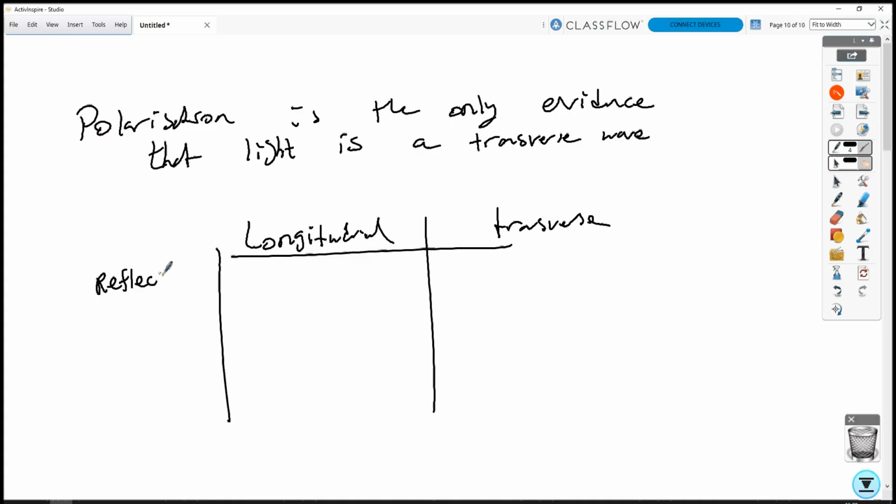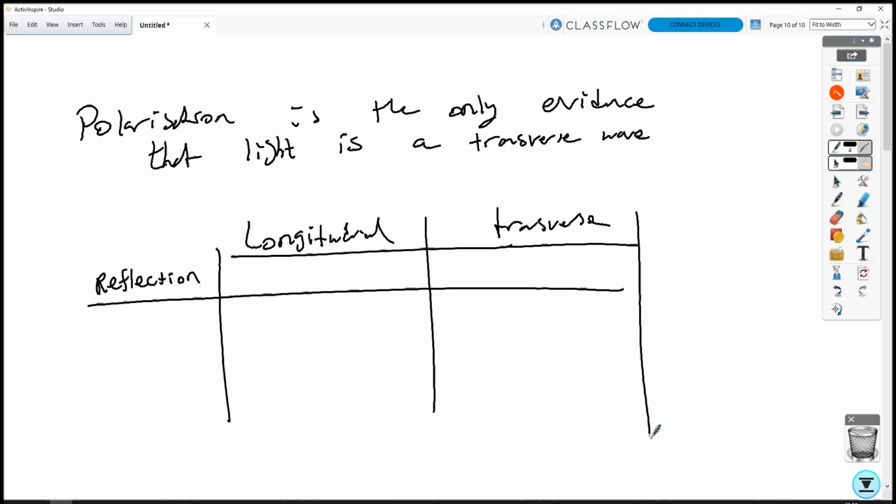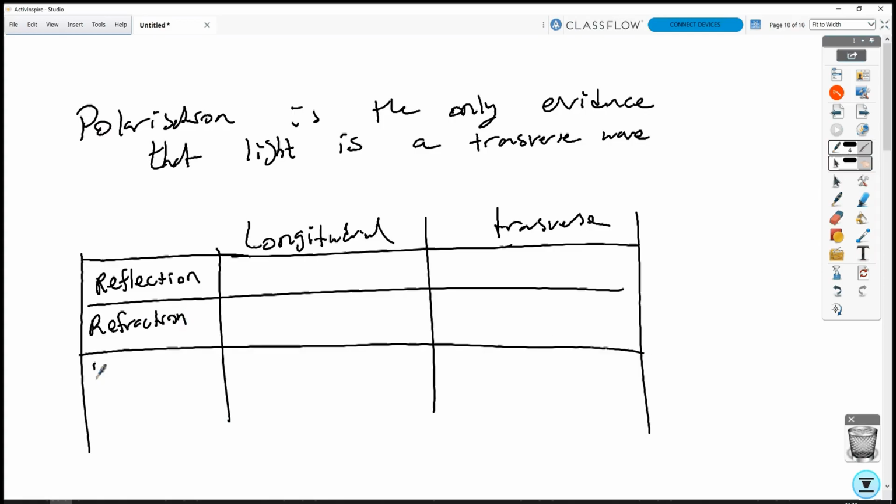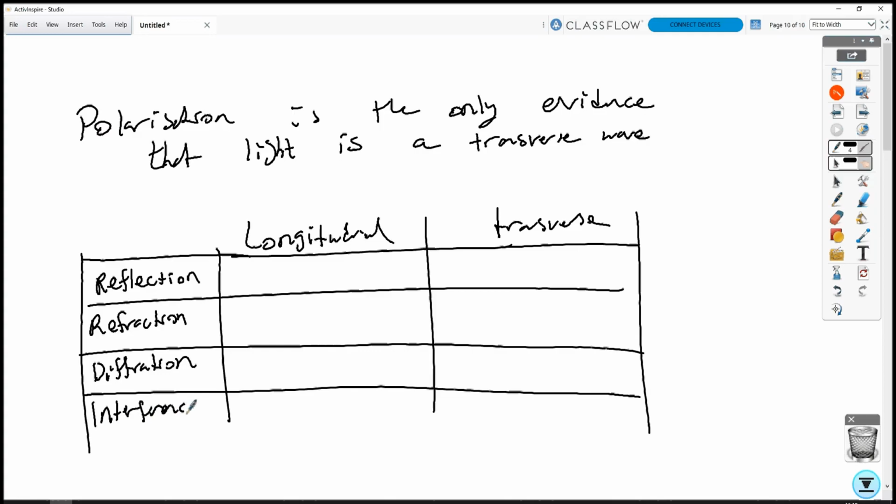So reflection, refraction, diffraction, interference, and polarization.